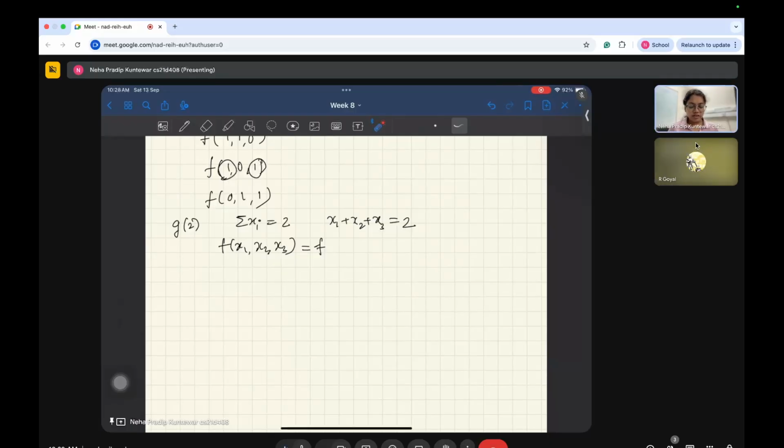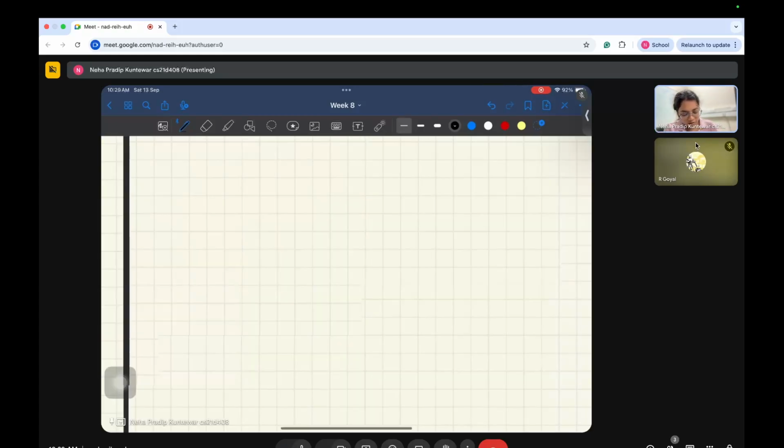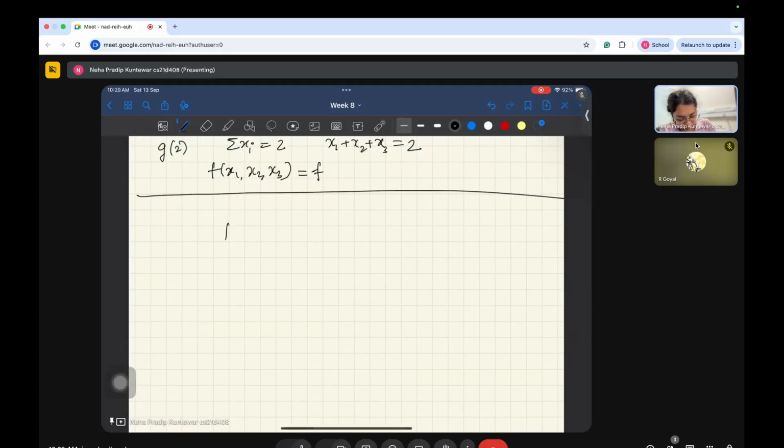Right. So that means we want to show that f of x1 to xn can be written as a function that depends only on the sum.